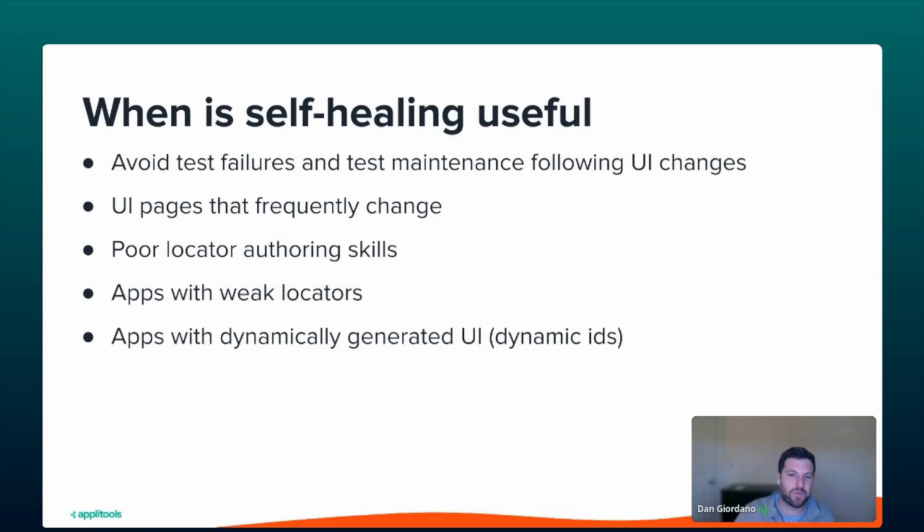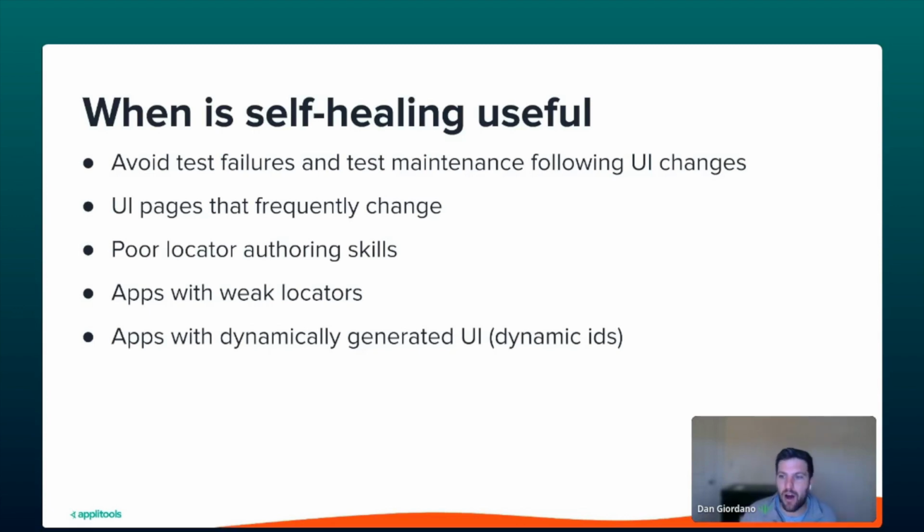So when we're spending tons of time on test maintenance, this is going to drastically drop that effort. If your UI pages have certain content that is frequently changing, or a small button that may change, we can use self-healing to rapidly go through, never worry about maintaining that piece of the test that changes, and still assert the last output.